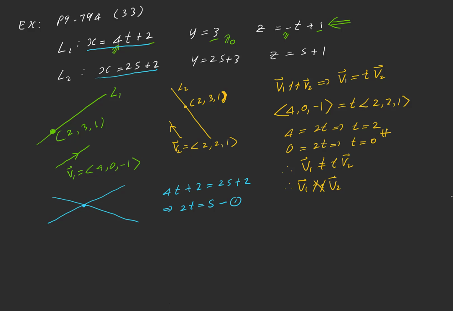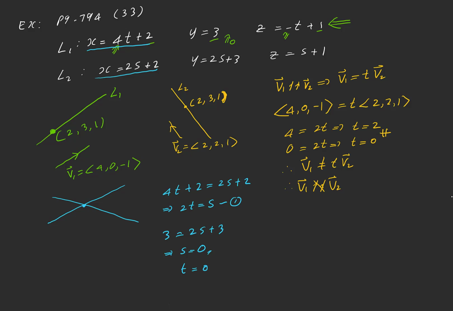Then I set y equal together: 3 equals s plus 3, so from here s equals 0. Now we know s equals 0, therefore t equals 0. We used x and y to find s and t.